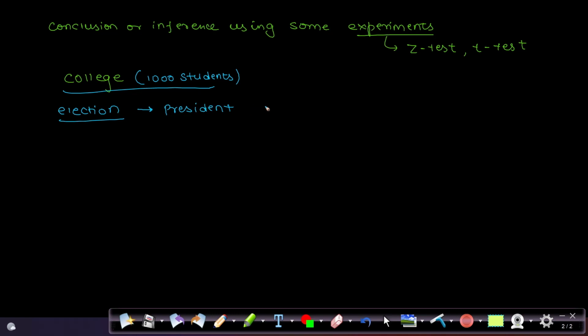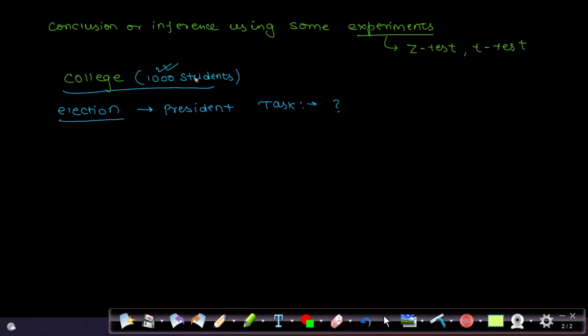Your core idea is to see who would be the president. To do that, you could go and ask every one of the 1000 students who should be the president of the college.